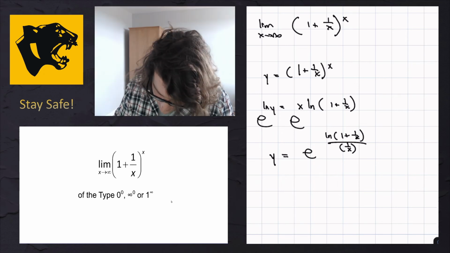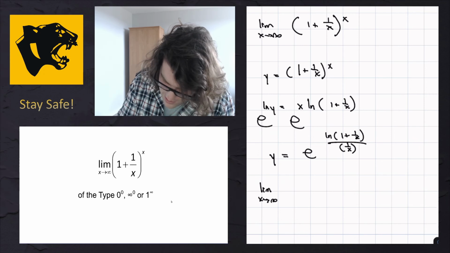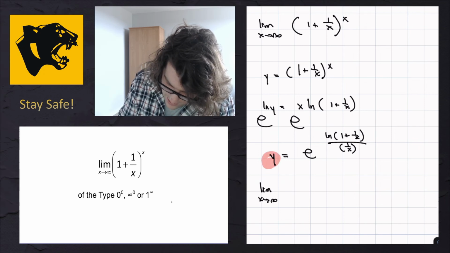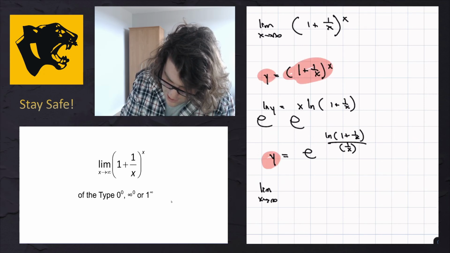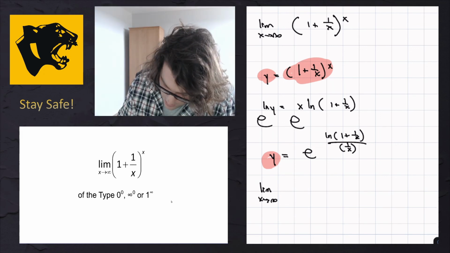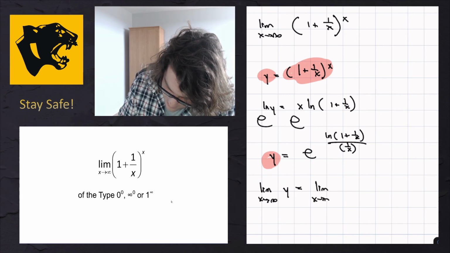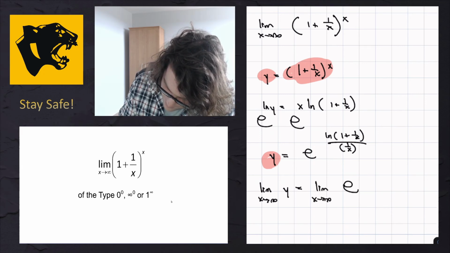Now I'm going to incorporate my limit back into things, because y is the same thing as this, which means if I take the limit of that, I'm trying to answer my original question, which is good. The limit as x approaches infinity of e to the power of this stuff.